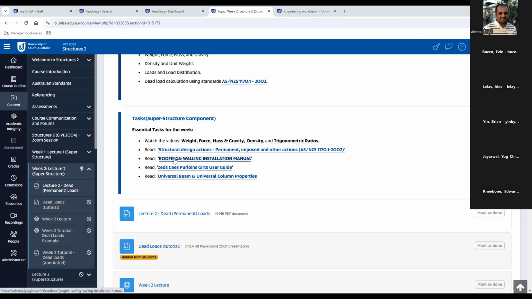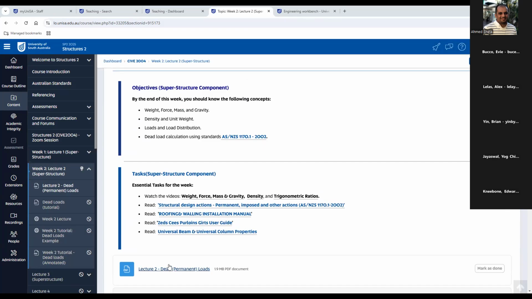And also here are some tables or design capacity tables of steel and roof sheeting, so roof sheeting, purlins, universal beam, and universal column members. All these tables we will be using during the project as well, so it is good to have a look at them.